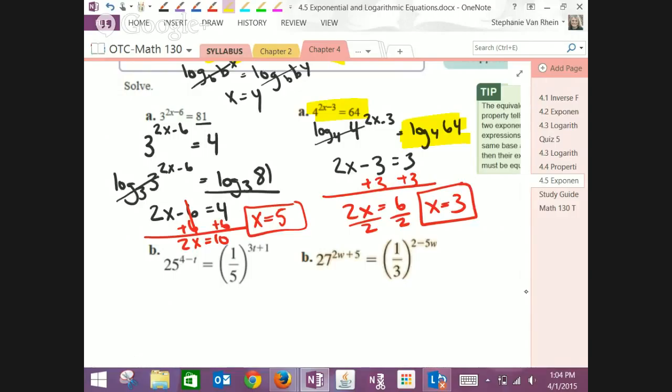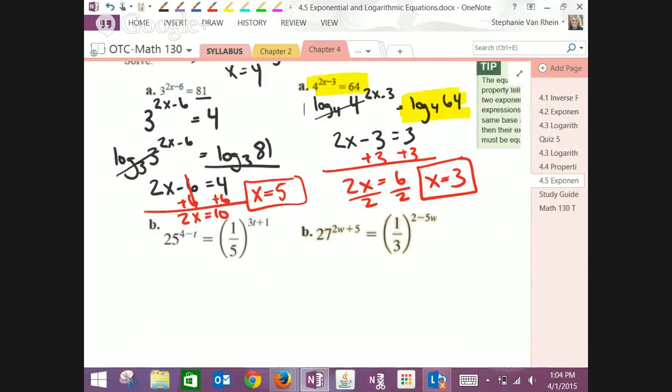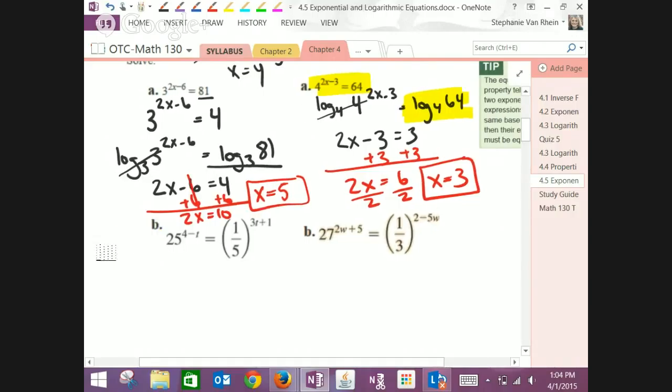They might not always be in the exact same base, but sometimes you can write them that way, where we get a base of 5, or in this case, a base of 3. So how could I change 25 to have a base of 5?